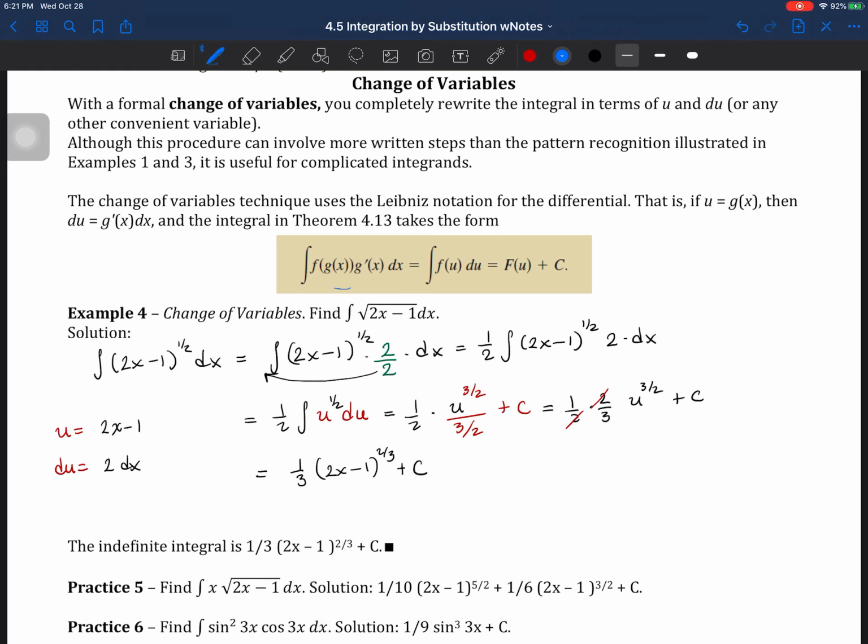And we're going to be following this, right? It will be the integral of f of g of x times g prime of x dx equals the integral of f of u du, which is the integral of uppercase F of u. So what we're going to do here is first recognize what is your u and what is your du.